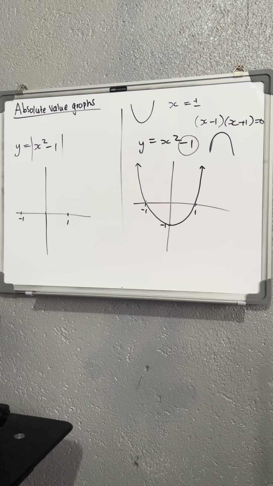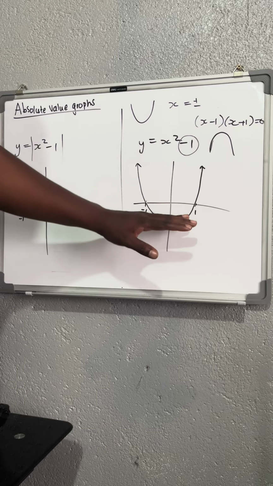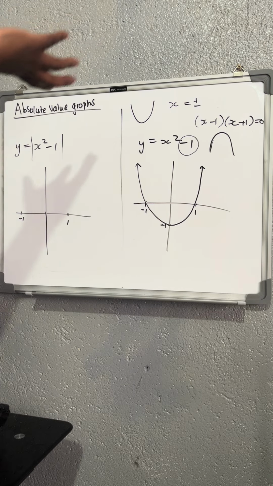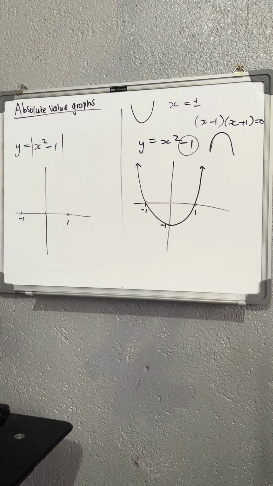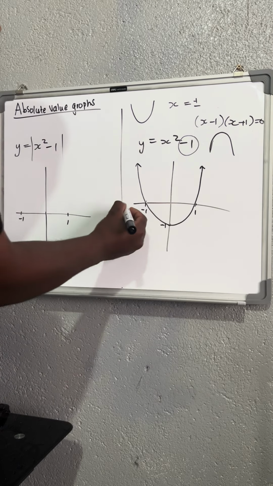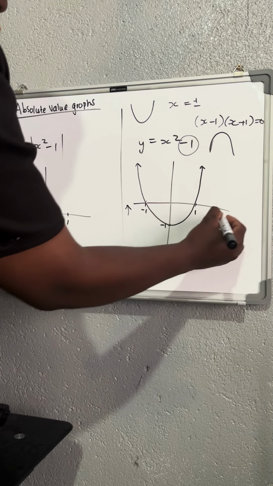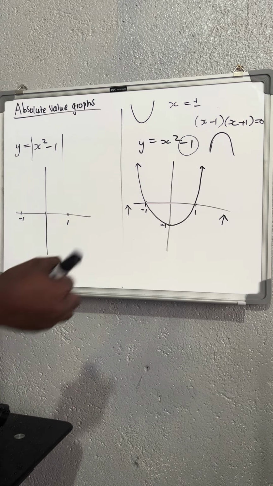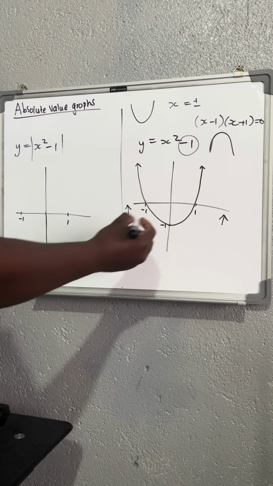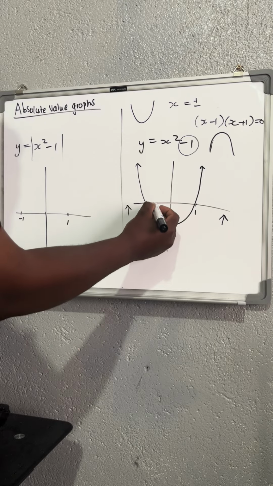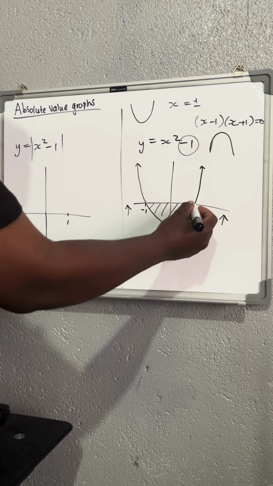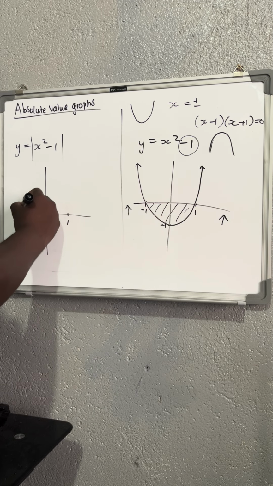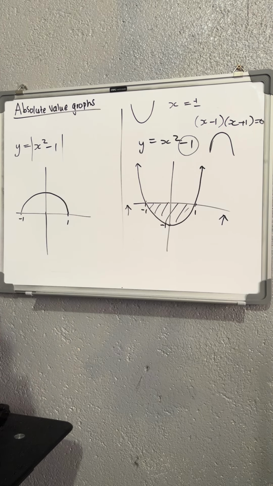Whatever you have that is below the x-axis actually gets flipped to the top side, above your x-axis. So instead of having this, this part that you see here is going to be flipped to this side and this side.